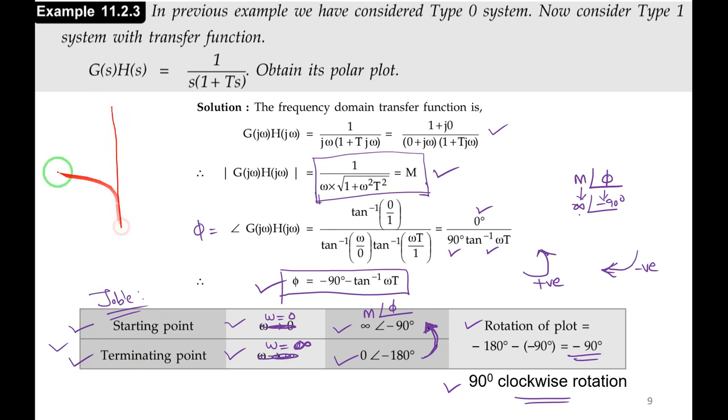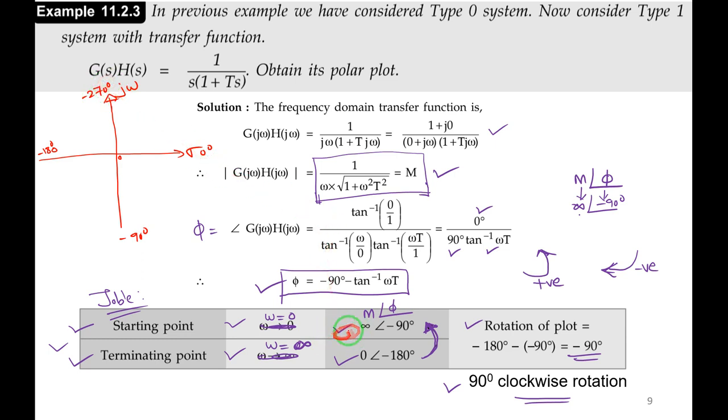Let me draw it here only. Sigma j omega. This is 0, so 0 degree, minus 90 degree, minus 180 degree, then minus 270 degree.